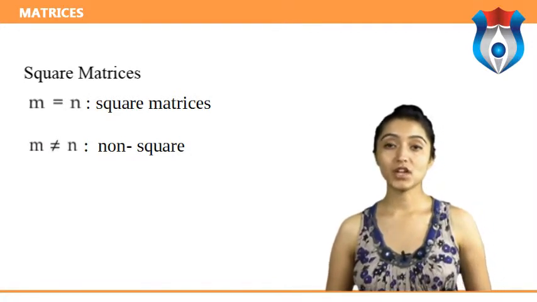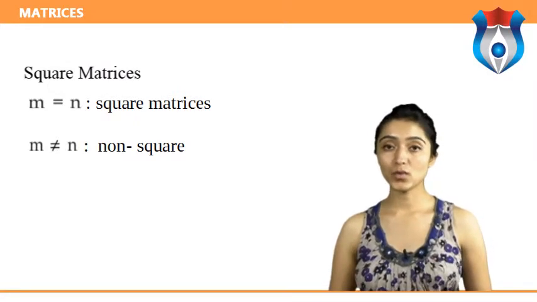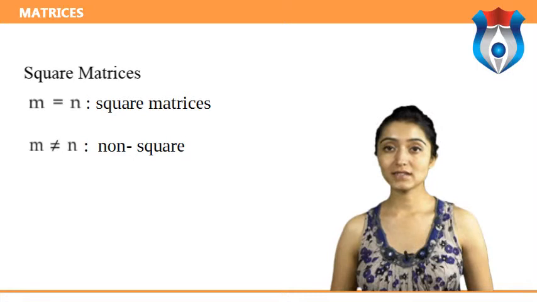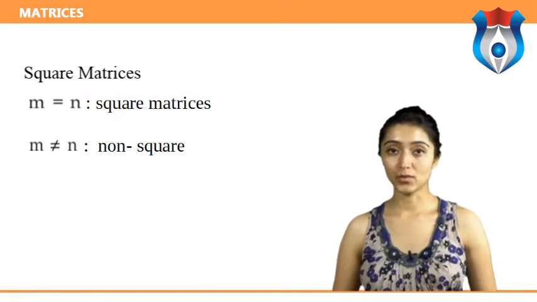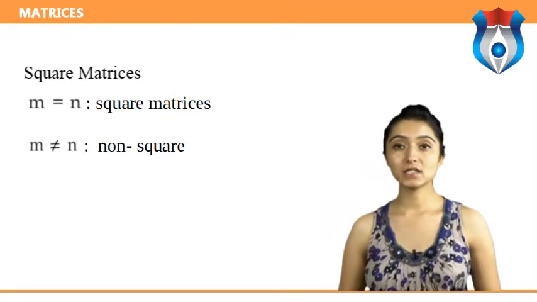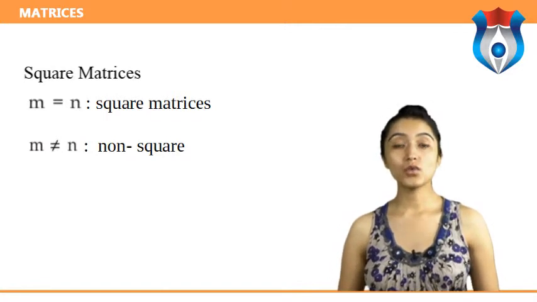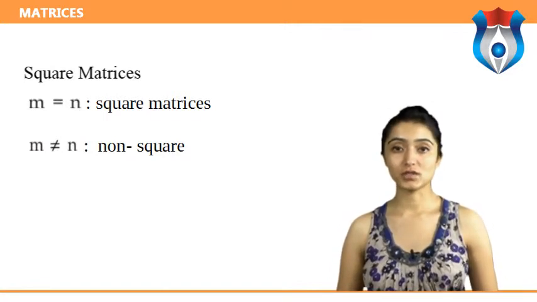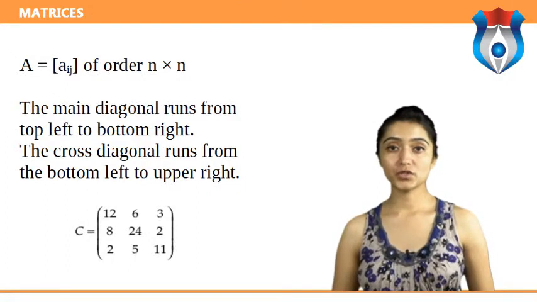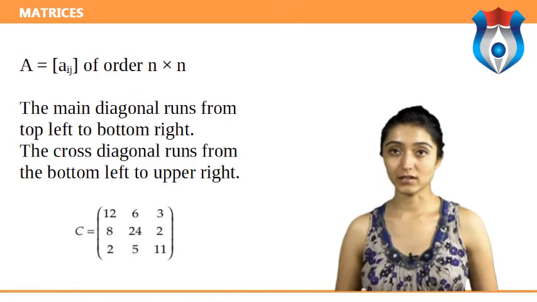Square matrices enjoy certain properties not shared by non-square matrices, such as the symmetry and anti-symmetry conditions defined below. Furthermore, many operations such as taking determinants and computing eigenvalues are only defined for square matrices. Consider a square matrix A equal to matrix A of ij of order n by n.